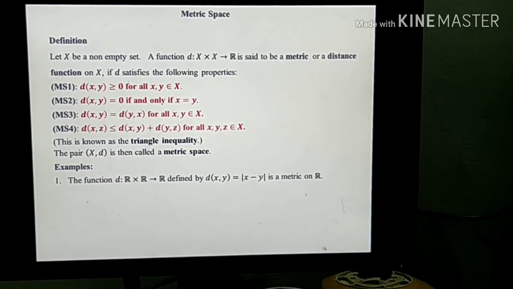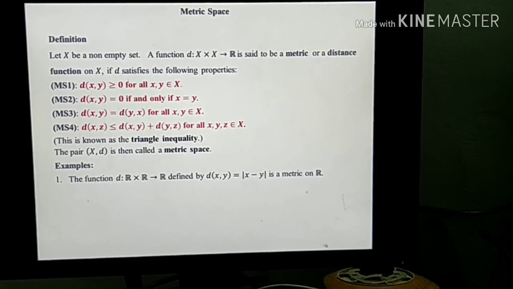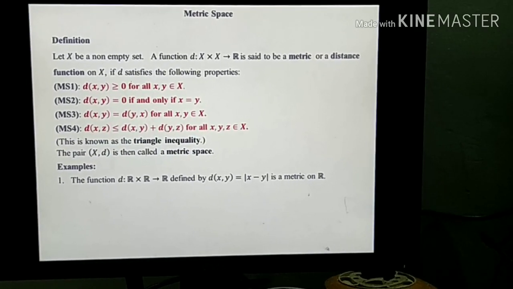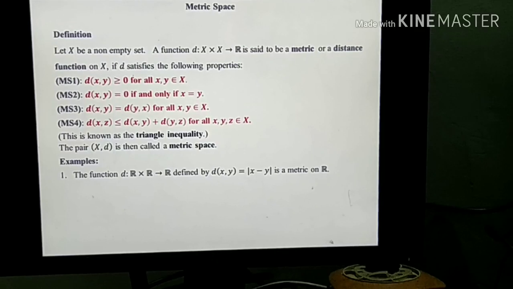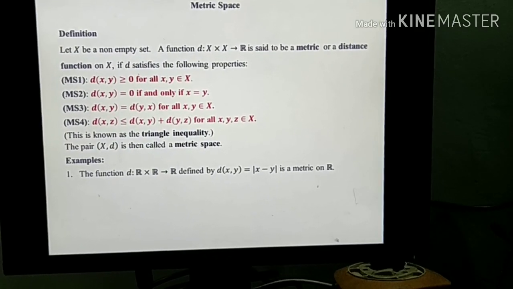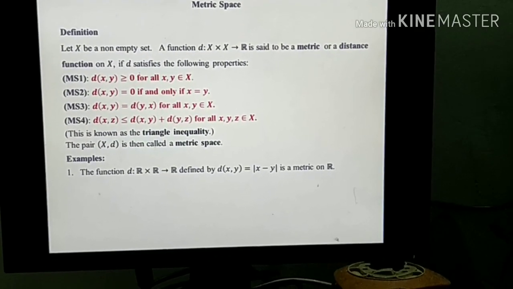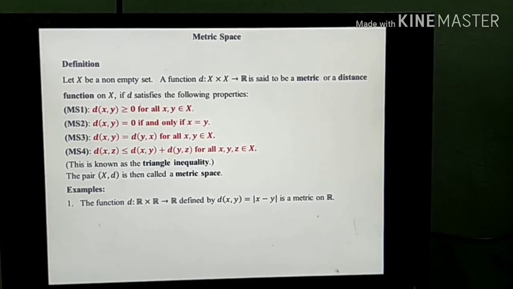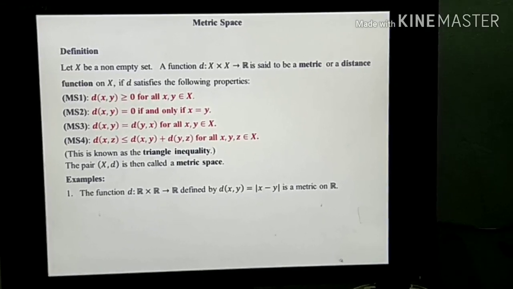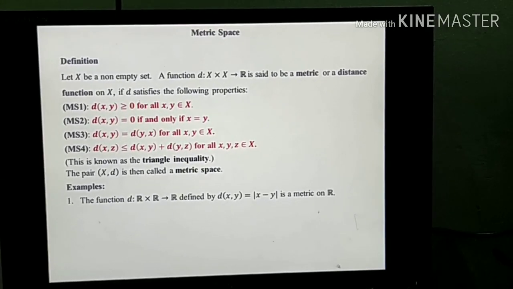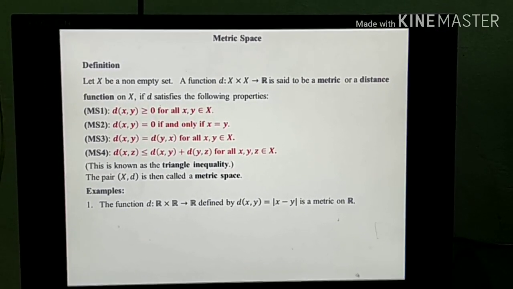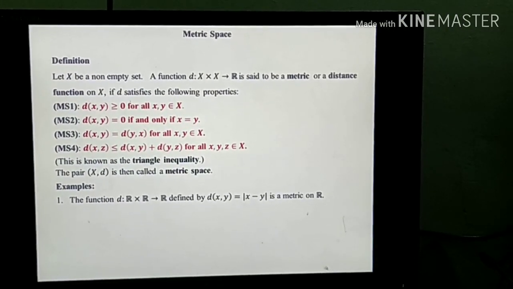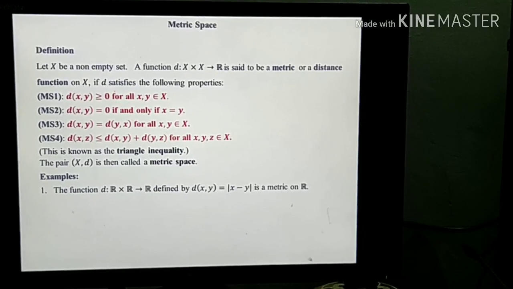First example, the function D from R cross R to R defined by d(x,y) is equal to mod x minus y is a metric on R. Actually, this is our usual distance between real numbers, and now we want to show that this distance function satisfies the four properties of metric.